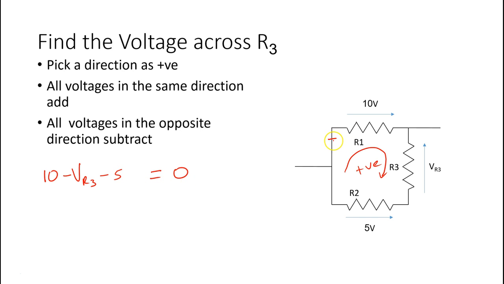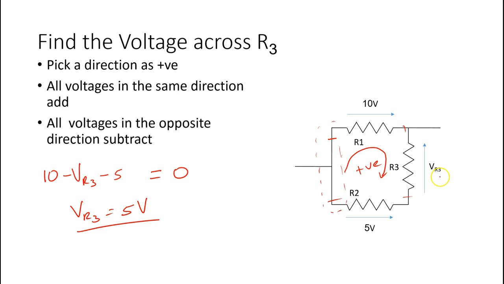So we went 10 volts, then we went VR3, then we went 5 volts, and we come back to the same node here, which means the difference between these 2 points is 0. Now to solve for VR3, I just take VR3 and put it on the other side, and I get VR3 is equal to 5 volts.